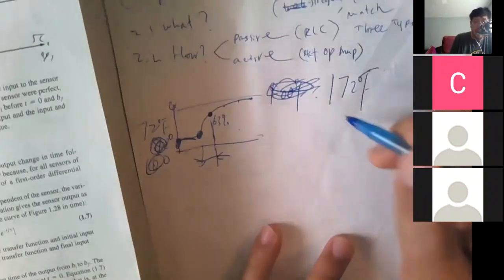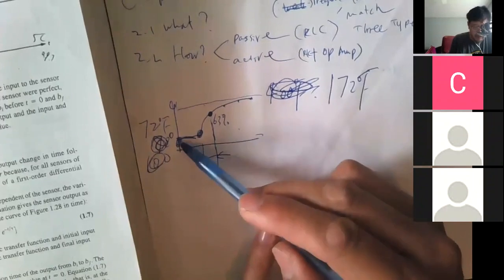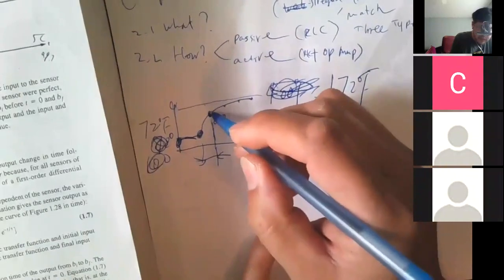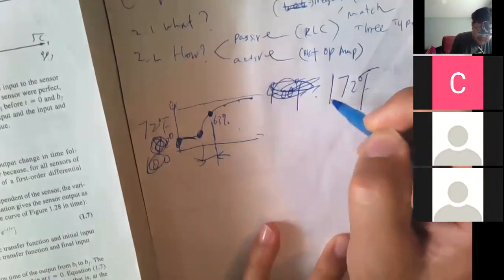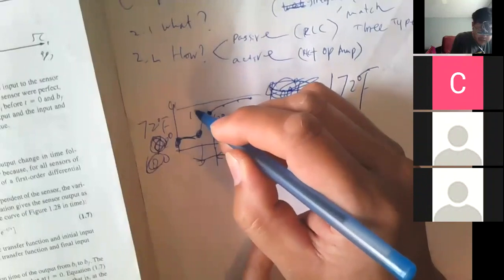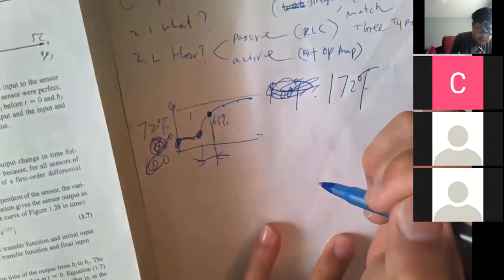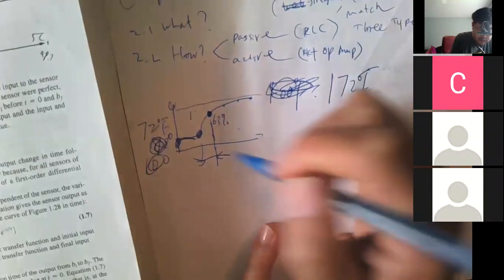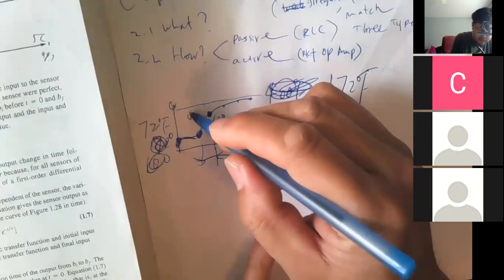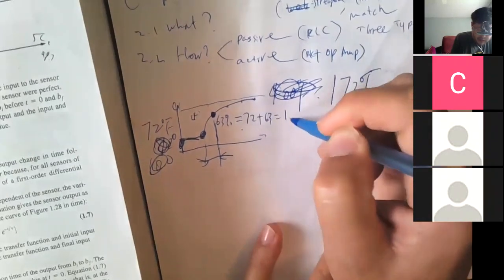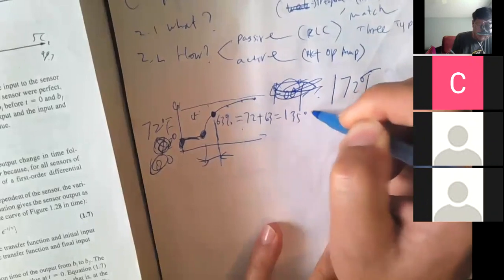Basically, you put a sensor from room temperature into a 170-degree oven. So what is the 63%? That means the sensor reading will be 100... no. 72 plus 63, 135 degrees.